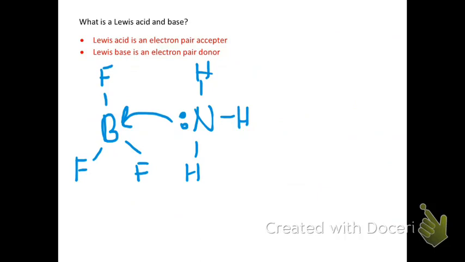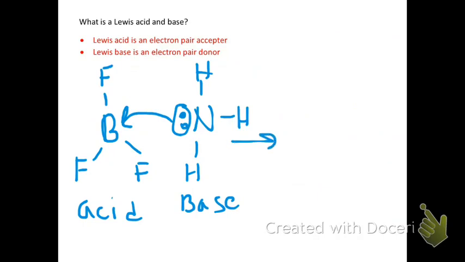So the boron is going to be a Lewis acid, and the ammonia is a Lewis base, again because the base donates a lone pair of electrons to the acid, and the acid accepts them.